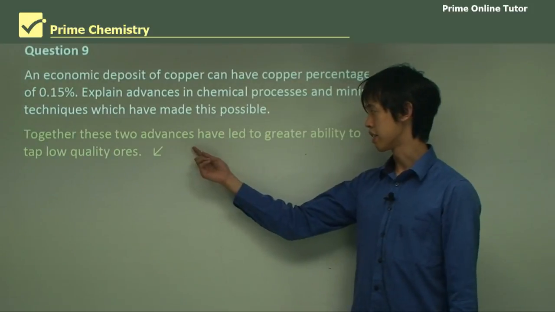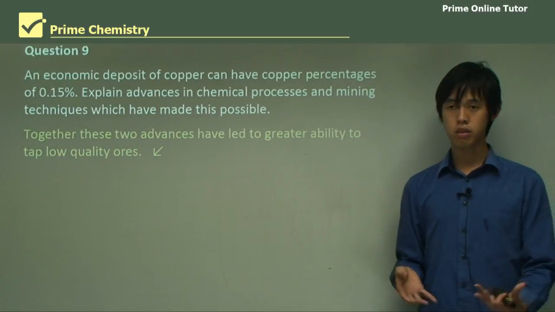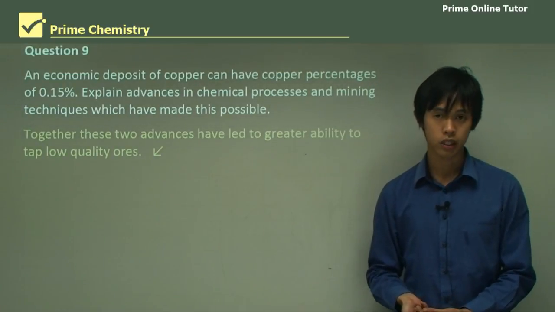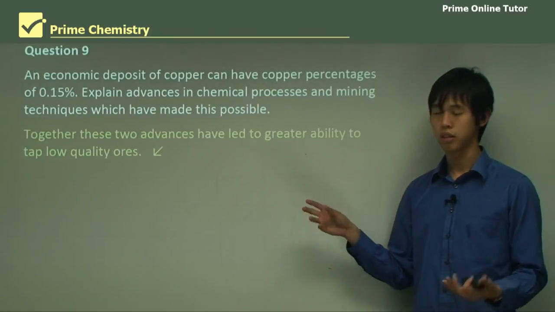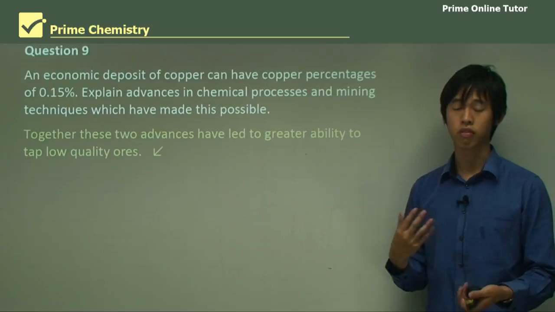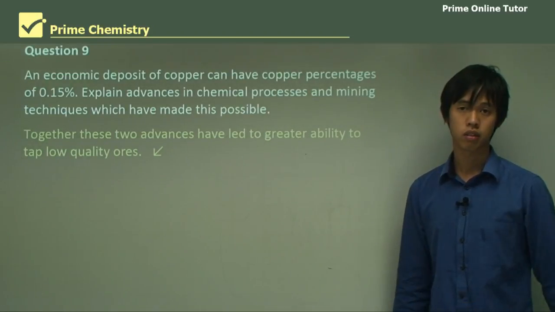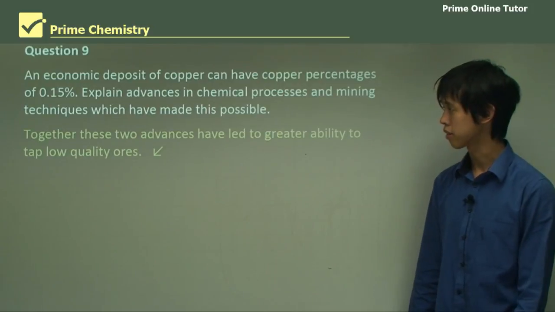Together, these two advances have led to a greater ability to tap low-quality ores. Okay, so the low-quality ores that we couldn't mine before are now possible because we have such high-level mining and chemical techniques to refine and extract these copper metals from their ore. Okay.